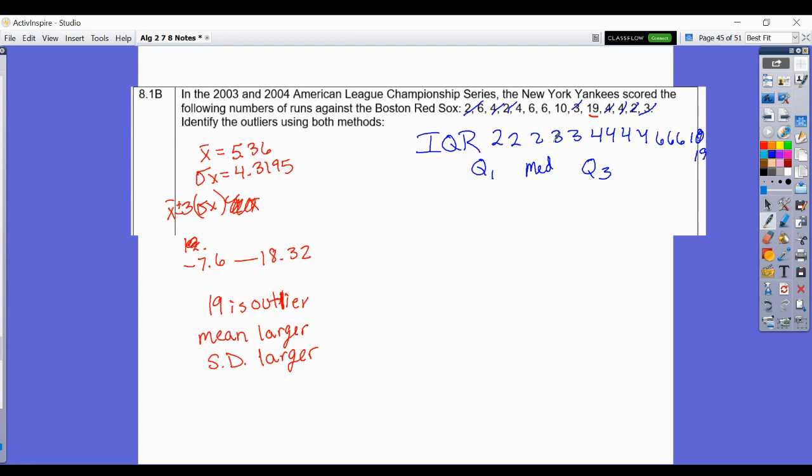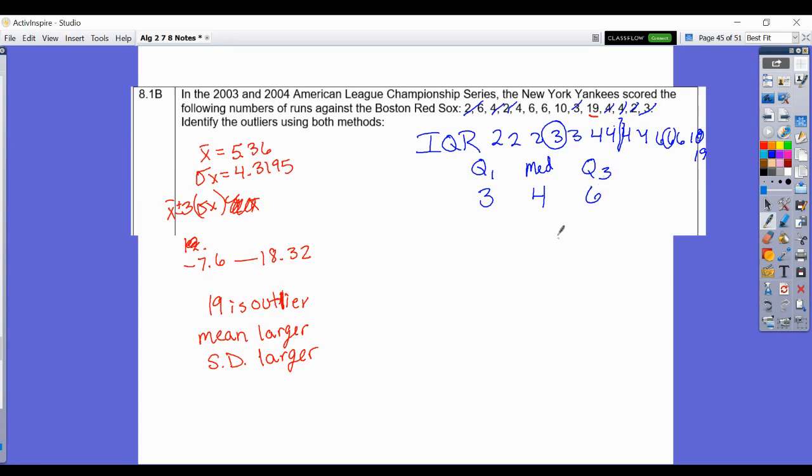Okay, that's 14 terms. So 1, 2, 3, 4, 5, 6, 7. My median is 4. Take those 7 and cut them in half, and the middle would be a 3. Take these and cut them in half, and quartile 3 is a 6.